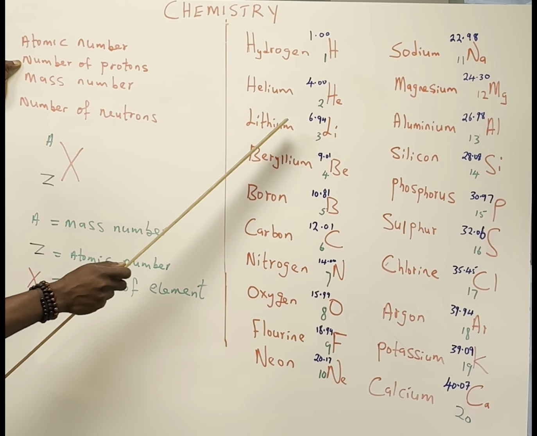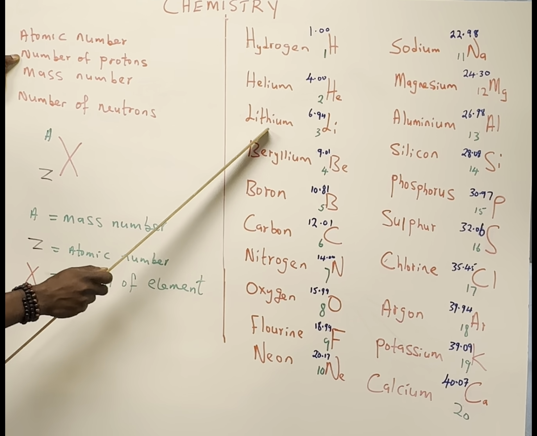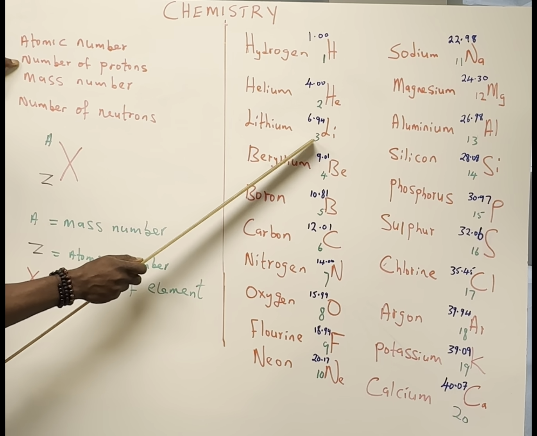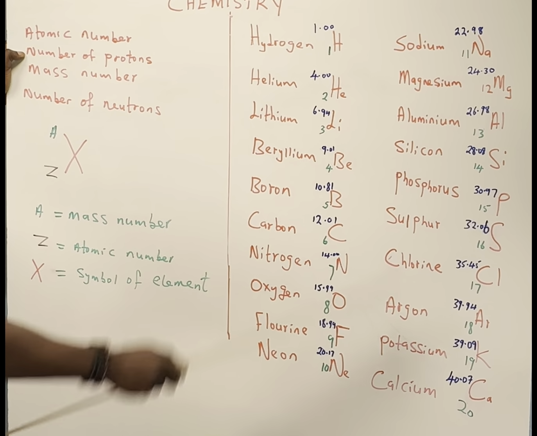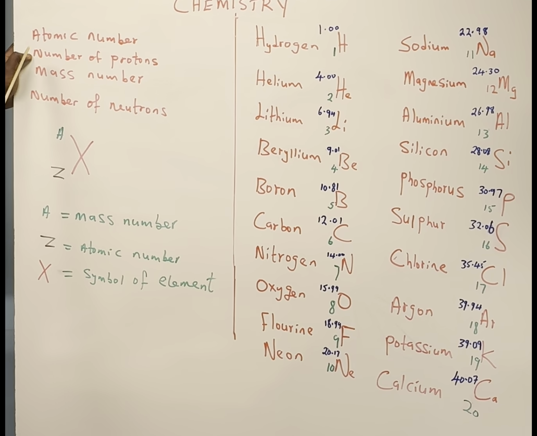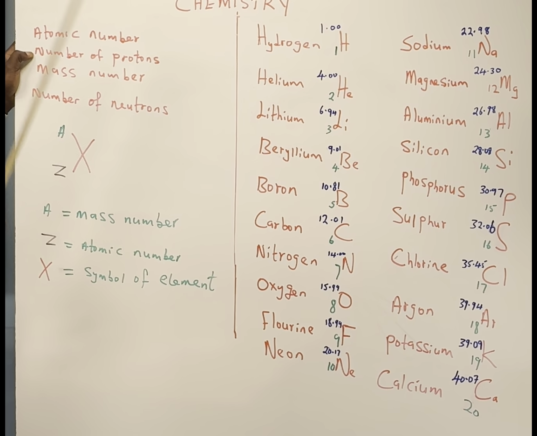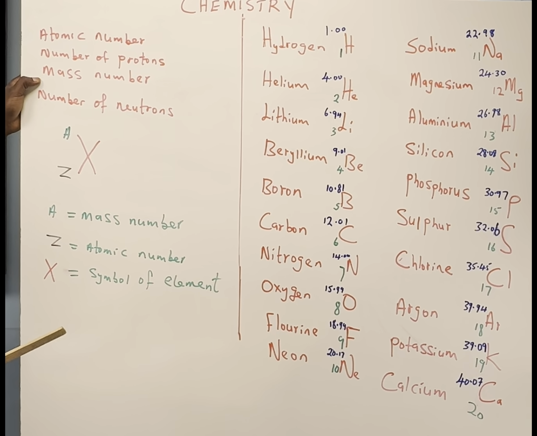For helium, atomic number is 2, number of protons is 2. For lithium, atomic number is 3, number of protons is also 3. So I think that makes sense now. And as you run down the first 20 we are considering, number of protons is the same thing as atomic number. Now let's look at what is mass number.